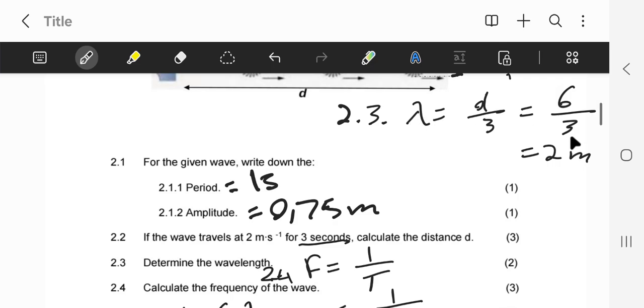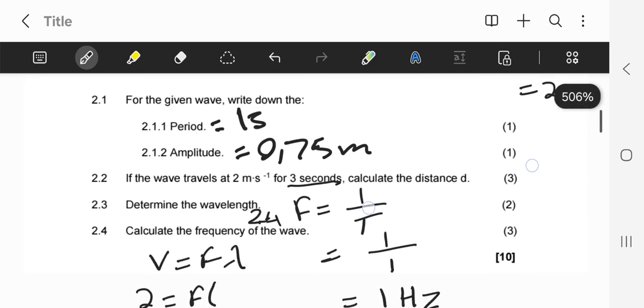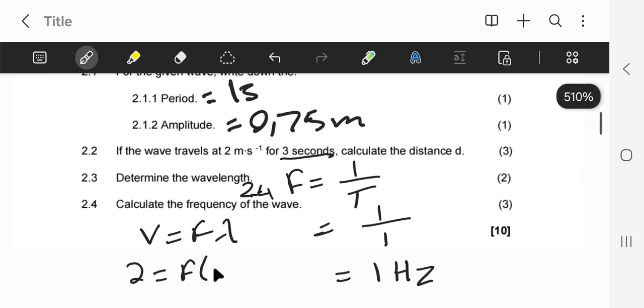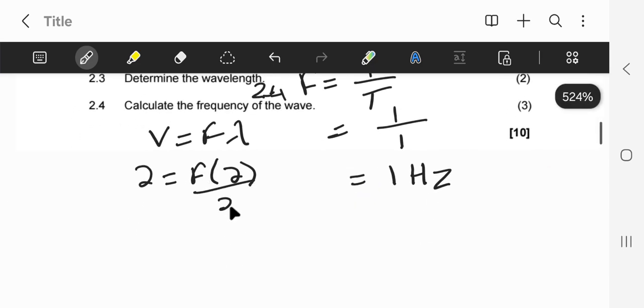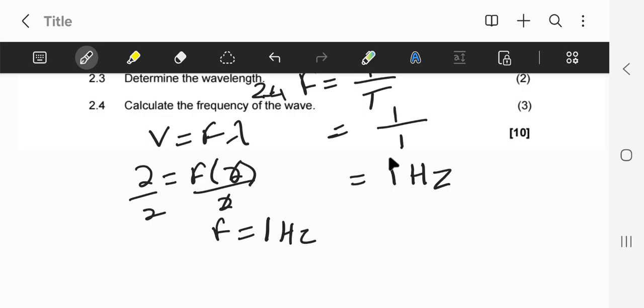Remember, we said the wavelength is equal to 2 meters. So I can substitute with 2 here, and then I will divide by 2 on both sides. If I do that, it means I'm going to have frequency being equal to 1 hertz. So any of those two formulas will help you find your frequency. I hope you understood this, guys.